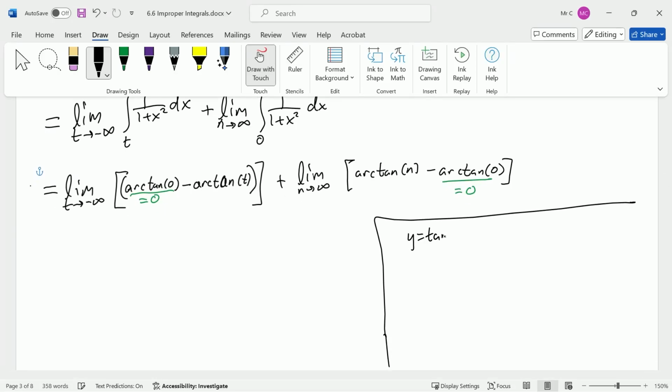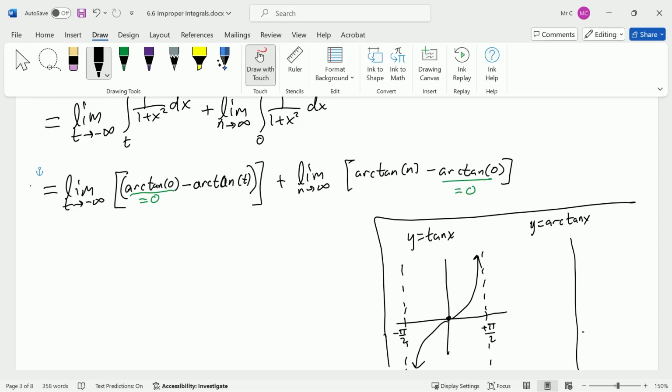If we look at the graph for tangent of x just on a single period, so just from negative pi over 2 to positive pi over 2, then the graph for arctangent is what you get when you switch the x and y values. And that's the same thing as reflecting over the line y equals x.